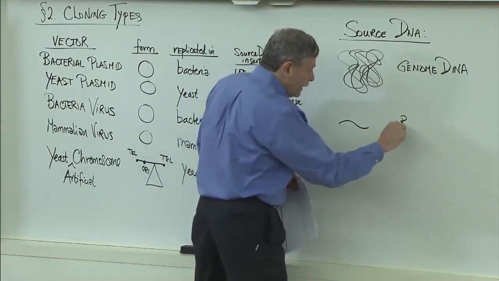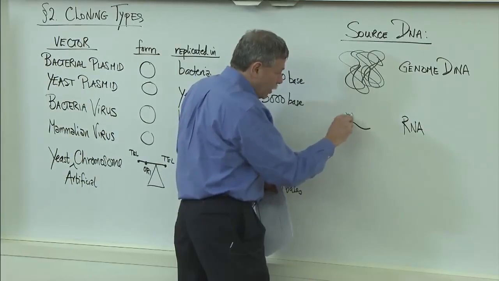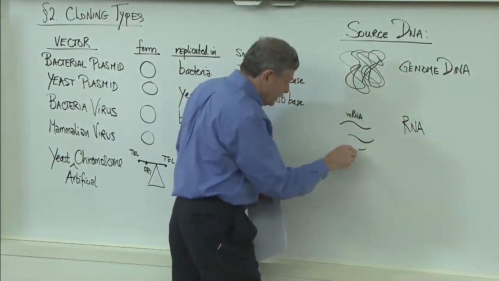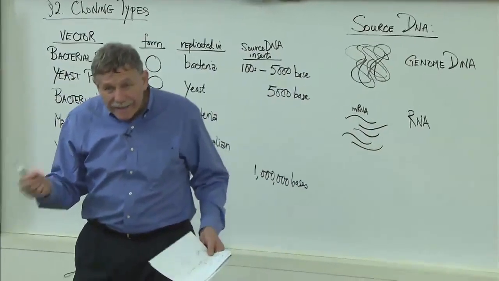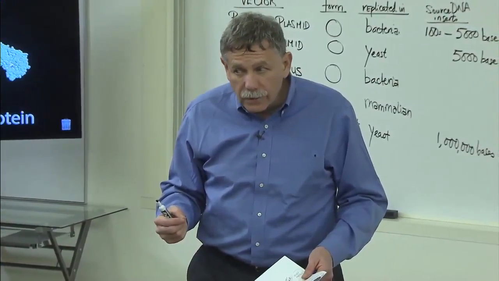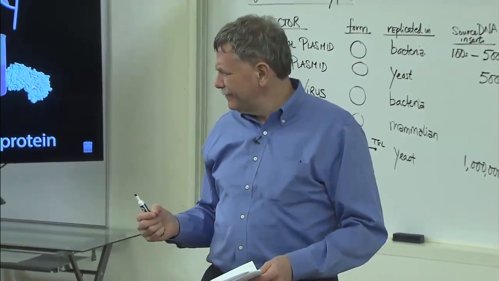So here's a messenger RNA, an mRNA that's in this cell. Maybe that's from the beta globin gene, and here's another one, and here's another one. Could I just clone the RNAs into a vector? How can I do that?